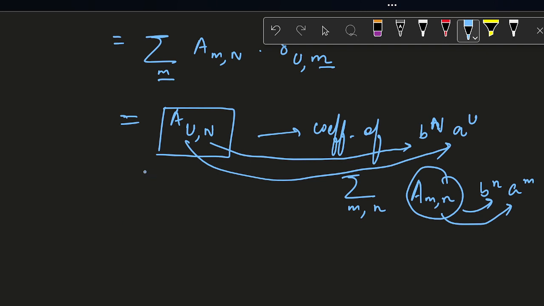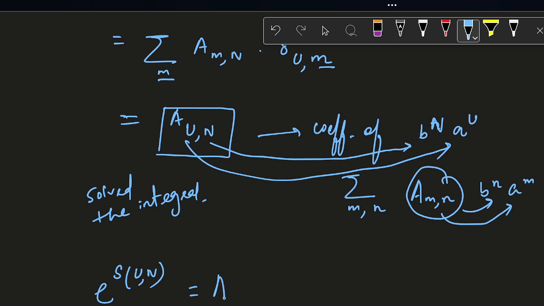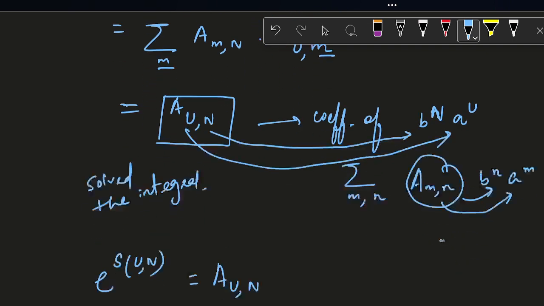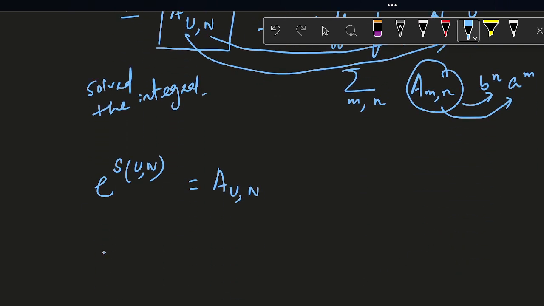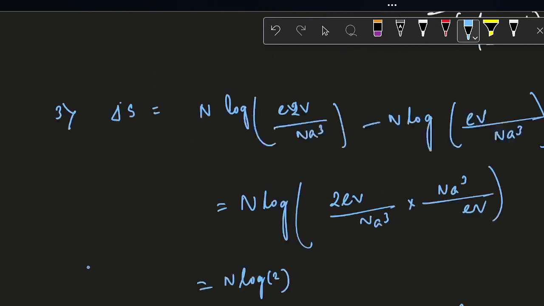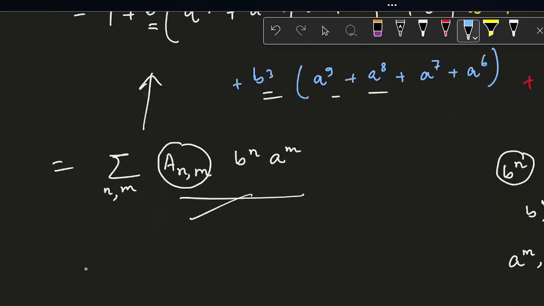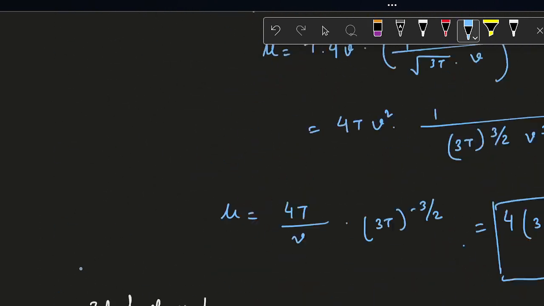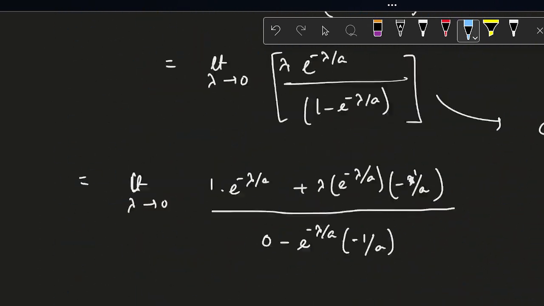So now remember that we have solved the integral here. So e to the power of s of u comma n is now the integral value, the solution, which is the coefficient of b to the power of n and a to the power of u. Now let us look back and remember the problem that we had been told to find out. Let's go back to the problem for once.